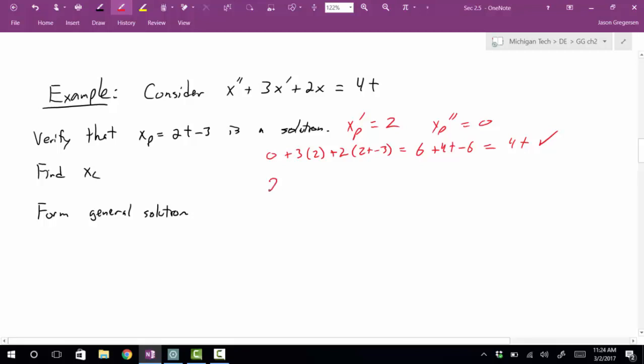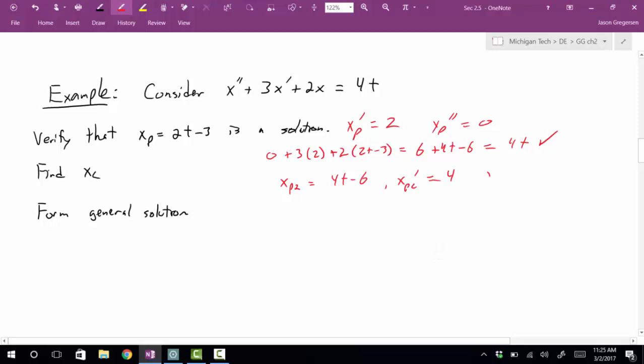What about 2x sub p? Is that a solution? Let's check. 2x sub p would be 4t minus 6, right? We're going to call that guy x sub p2. I don't know, very creative, right? What is x sub p2 prime?